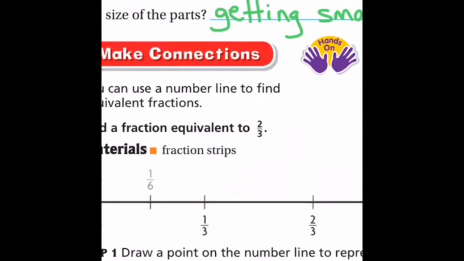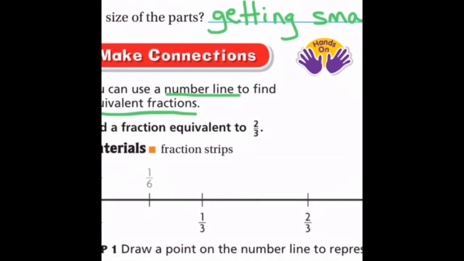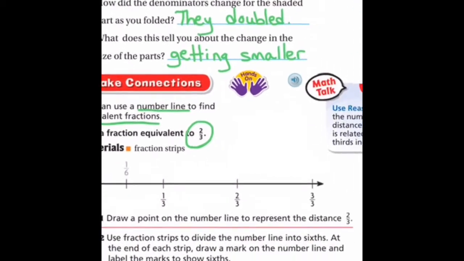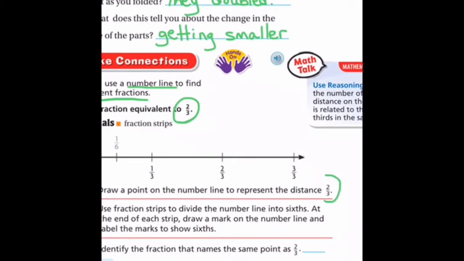Make a connection. You can use a number line to find equivalent fractions as well. That's a lot like fraction strips. Find a fraction equivalent to 2/3. So we're going to draw a point on the number line to represent 2/3. I'm going to do that in blue. There's 2/3.